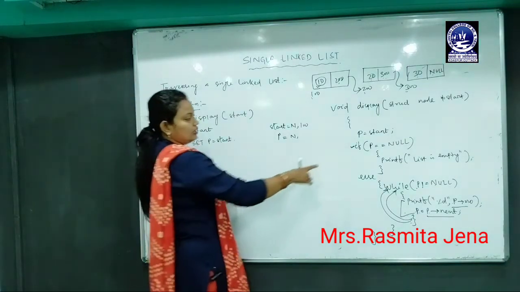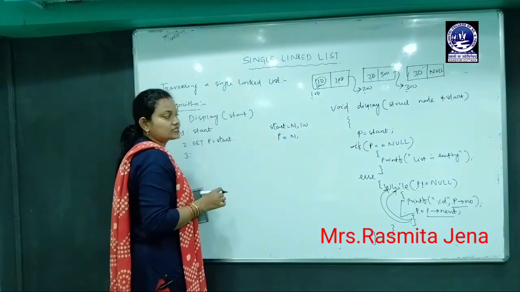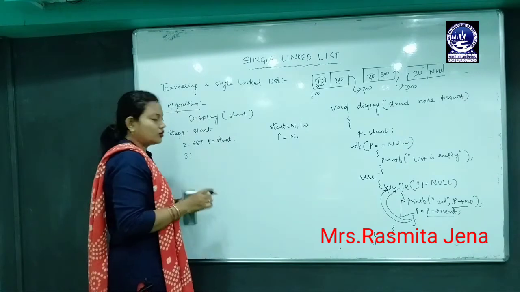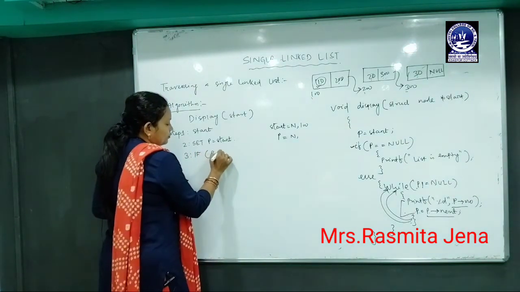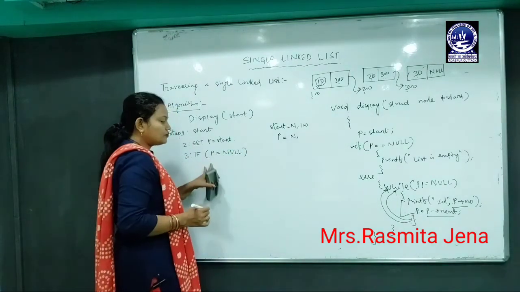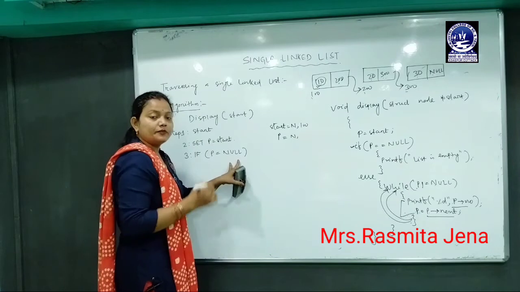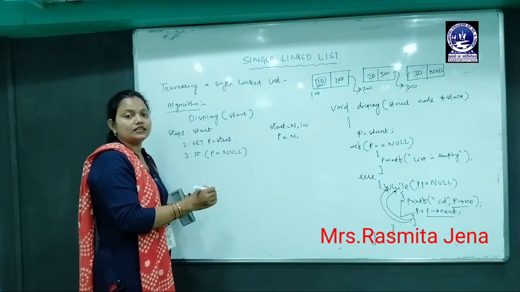In step 3, we will check the condition, that is, whether the list contains any node or not. So for that I can write if P equals to null. If this condition is true, it means the list is empty. There is no node present in the list.